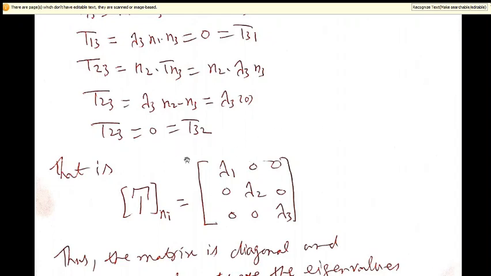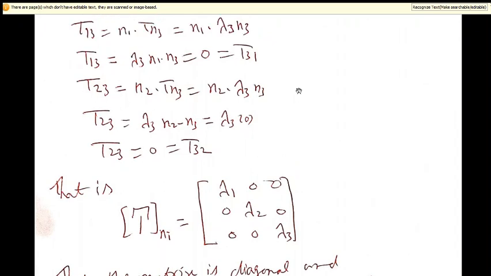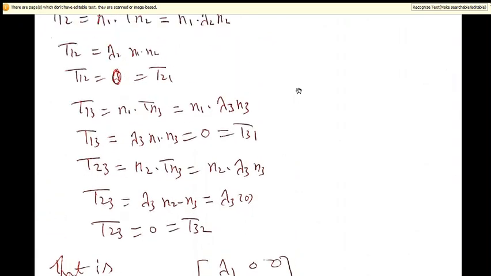Now we can write any tensor T with respect to principal directions n1, n2 and n3 with T11, T22, T33 on the diagonal, and all others are 0.